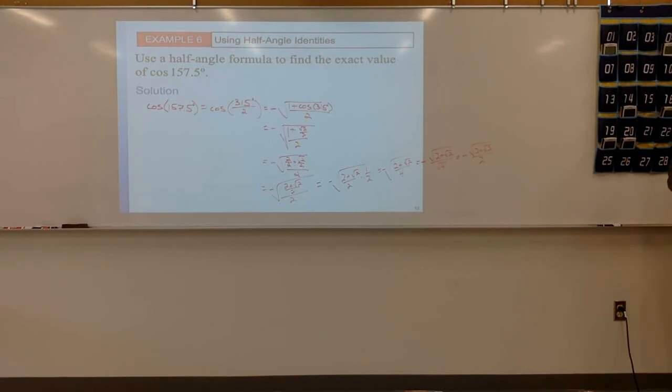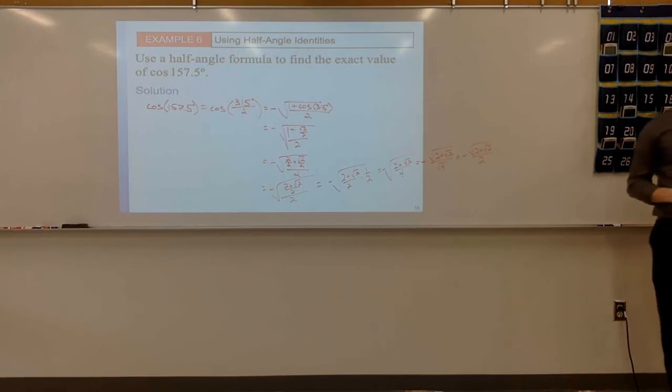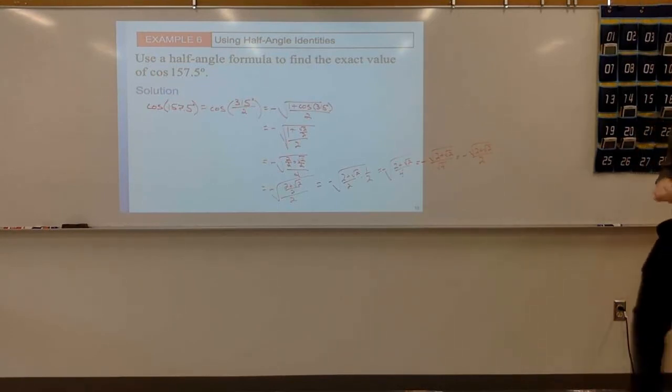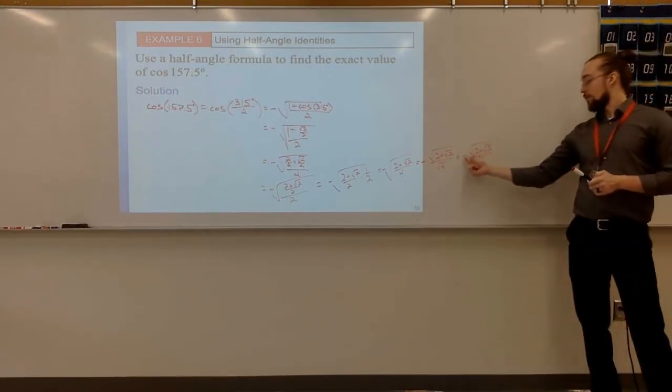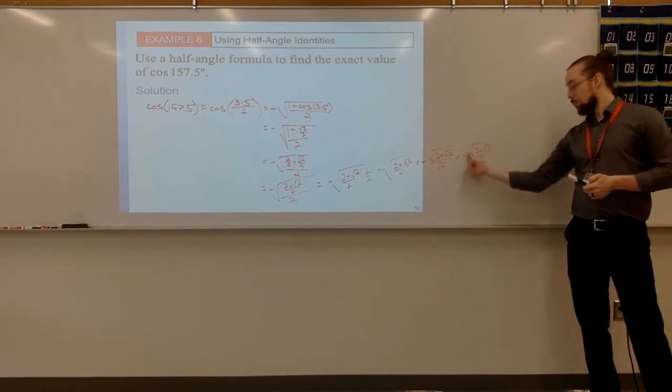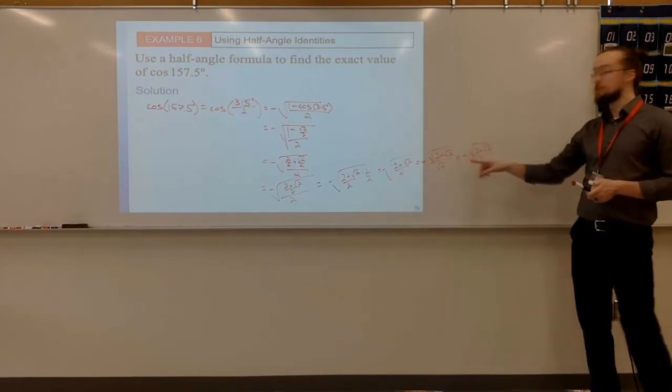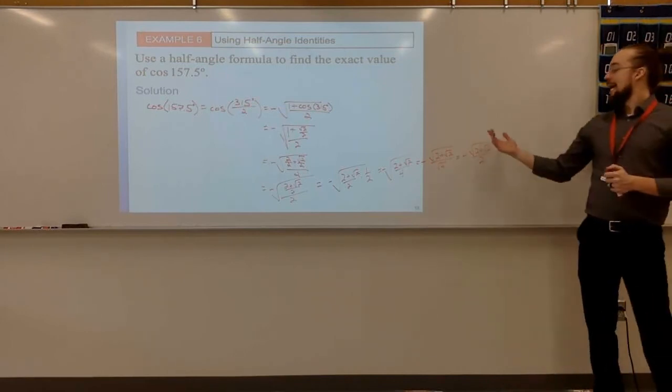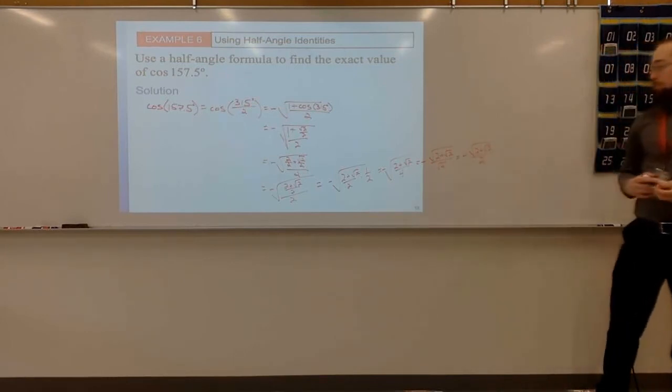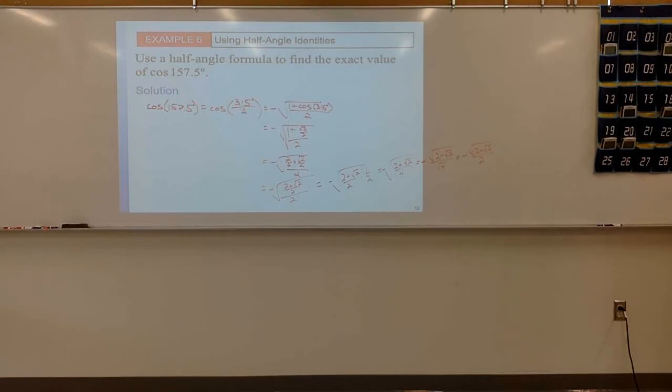So negative, because 157.5 degrees is in the second quadrant, and then square root of 2 plus square root of 2 all over 2 is the exact value of cosine of 157.5 degrees.